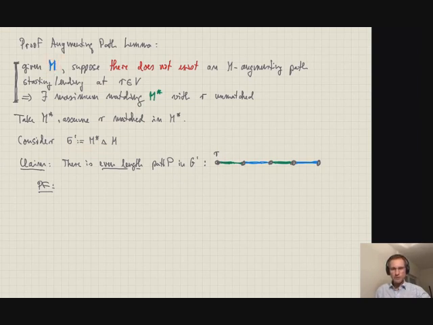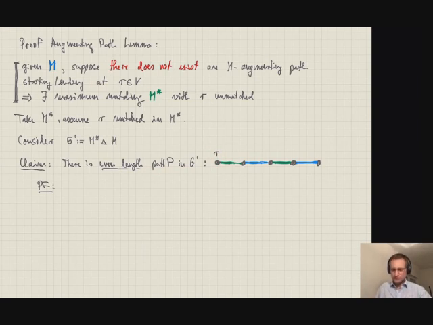M, that is the one that we started with, and M star is a maximum size matching. And I claim that there exists an even length path in this symmetric difference, which I call G prime here. Okay, so there exists an even length path P, which actually contains this root vertex R.